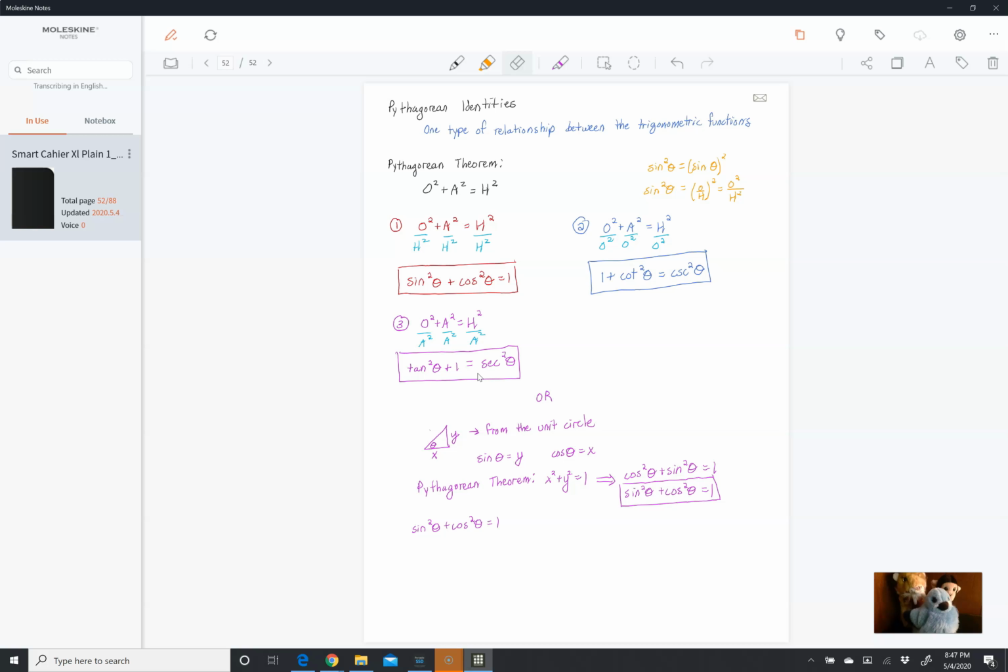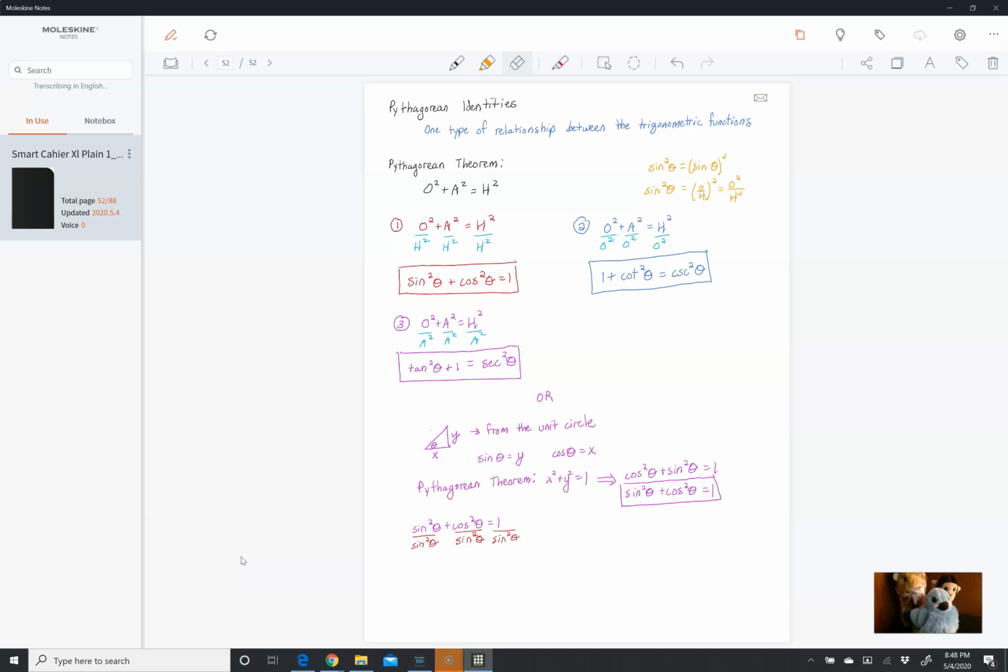equals 1, and this time we divide everything by sine squared. So we're using, not cosine squared, but sine squared. We're using our different definitions.